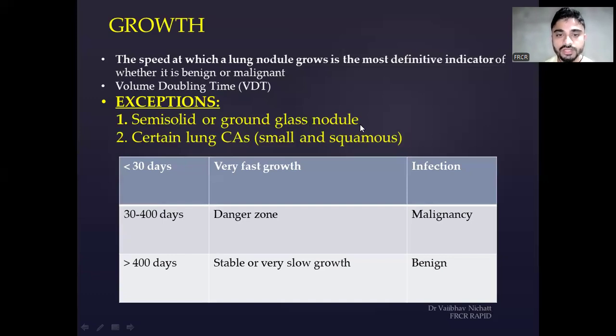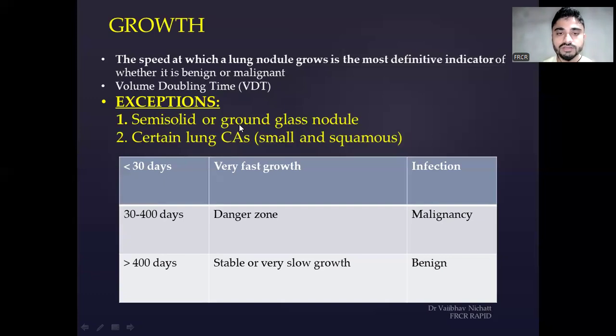Routinely, if it is more than 400 days, then we consider that a benign kind of lung nodule. But if you get a case of HRCT chest where there is a semi-solid or ground glass lung nodule, you have to keep following it up for more than 1000 days, because these lung nodules are frequently associated with adenocarcinomas, even after the volume doubling time is more than 1000 days.